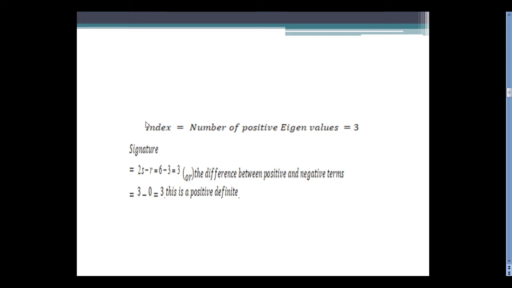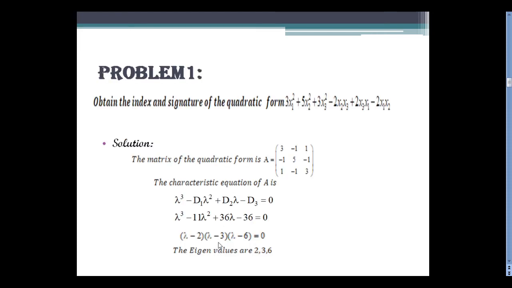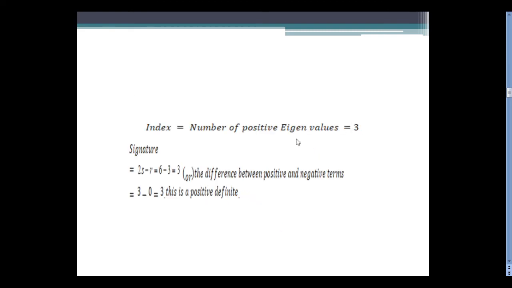Now we will find the index. Index is the number of positive eigenvalues. All three are positive values, so the index is 3. Then we find the signature, which is the difference between the positive and negative terms.